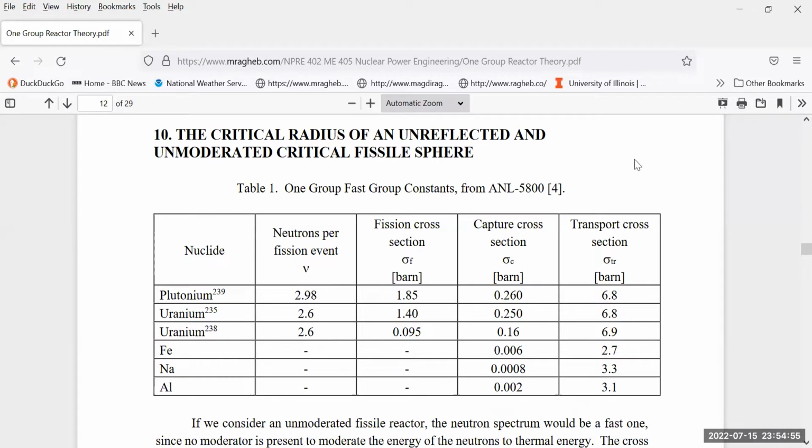In that case, we need data for our calculations. One of them is the average number of neutrons per fission event. And we seek the data from the data warehouse. We mine for data, as in the terminology of the information age. And we go to ANL 5800. This is Argonne National Laboratory Report 5800.